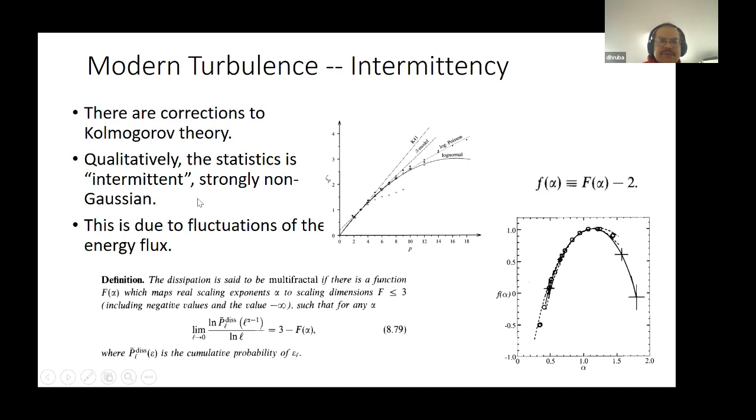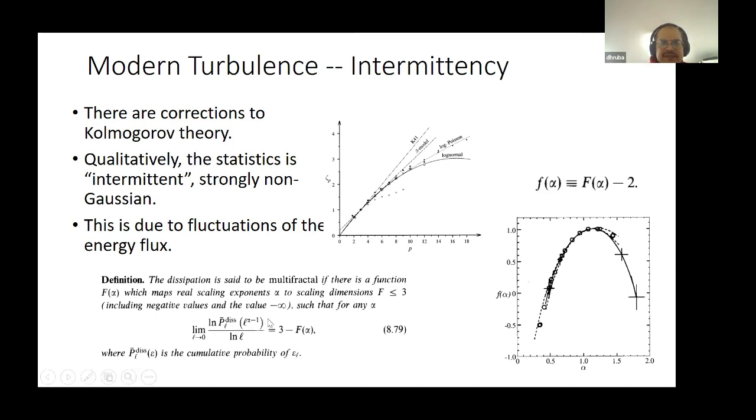Importantly, this behavior, which is intermittent, can also be described by a multifractal model, and it's useful to look at this definition here. So the dissipation is said to be multifractal if there is a function capital F of alpha, which maps the real scaling exponent alpha to the scaling dimension f less than or equal to 3, such that for any alpha, the following relationship is true, which is the log of the probability distribution of energy dissipation over a ball of scale L. So you take a ball of scale L, and you calculate the energy dissipation over that, and you look at its probability distribution.